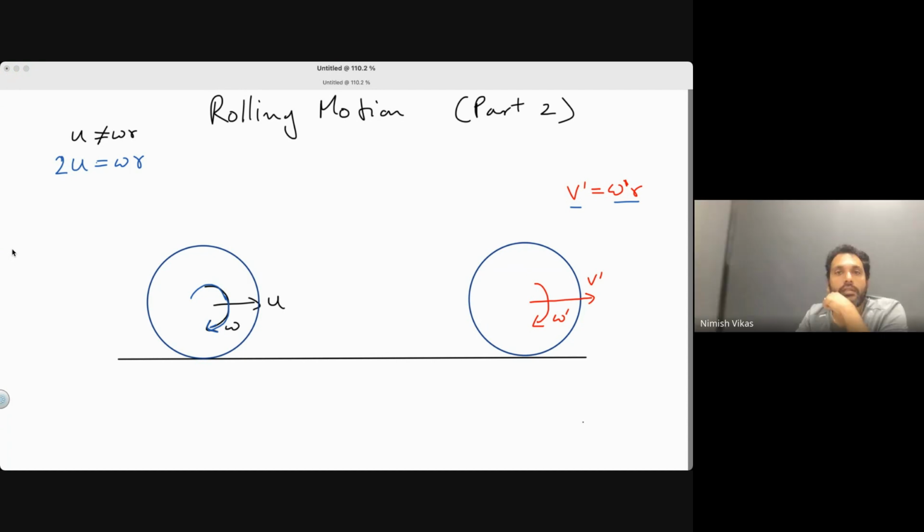Now, very surprisingly, how much the mu is is not going to matter in what pure rolling velocity you get. If mu is very high, then pure rolling will be achieved very quickly, within a few centimeters.